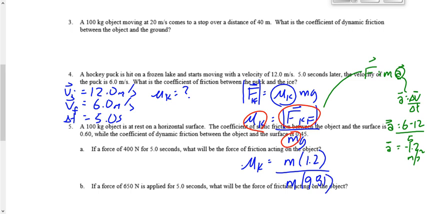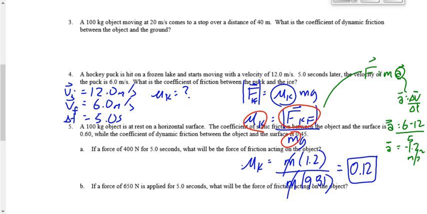Look what just happened. Or look what's just about to happen, I should say. What's about to happen here now? Cancel the m's, right? So I'm just going to say mu is equal to 1.2 over 9.81. That gives me a value of 0.12, and that's my answer.